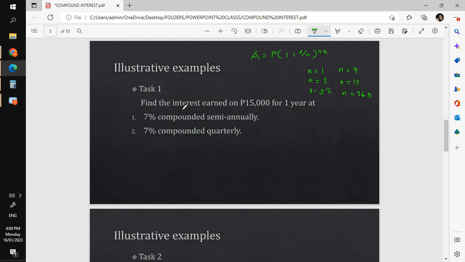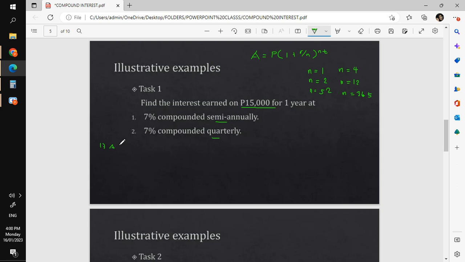You have to remember all of the possible values of N depending on the number of times it is compounded. For example, find the interest earned on 15,000 pesos for 1 year at 7% interest compounded semi-annually and quarterly. We have two solutions here, but we'll be using the same formula.